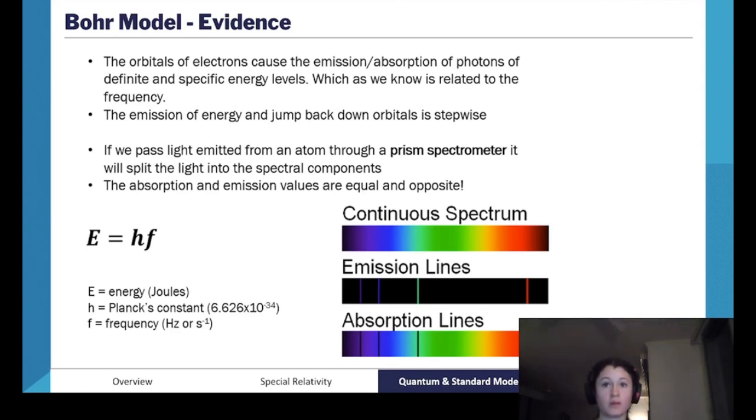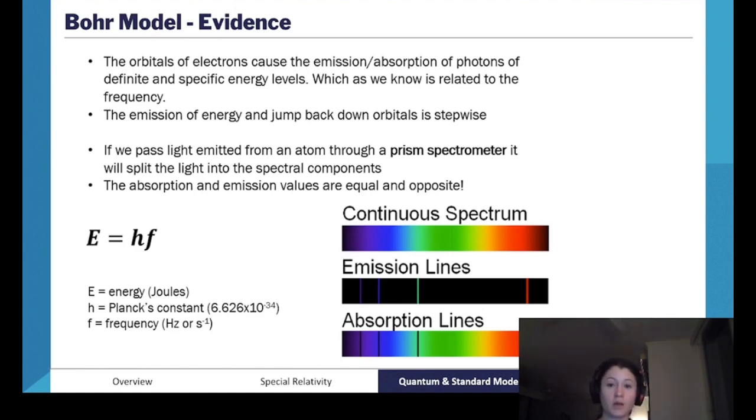So, we can see the frequency of light emitted and absorbed if we run it through a prism spectrometer. And what we see is that the absorption and emission values are equal and opposite.